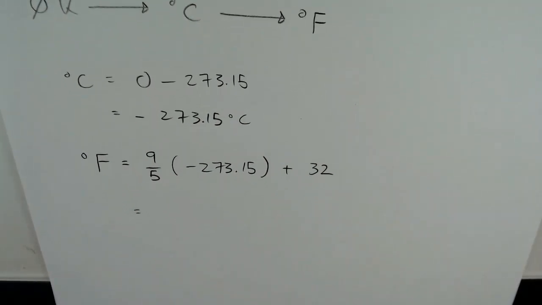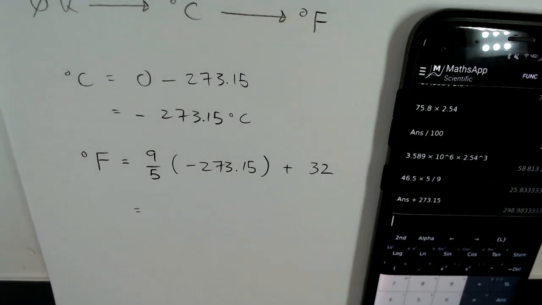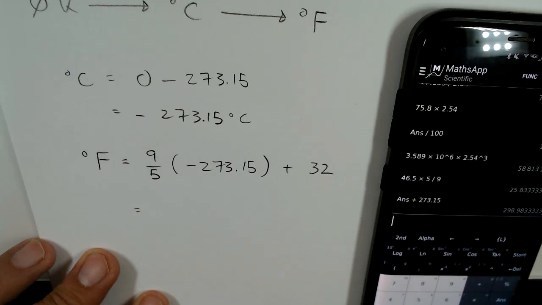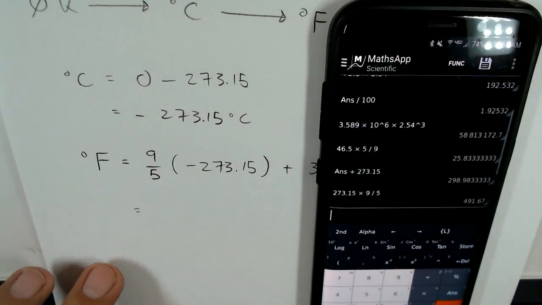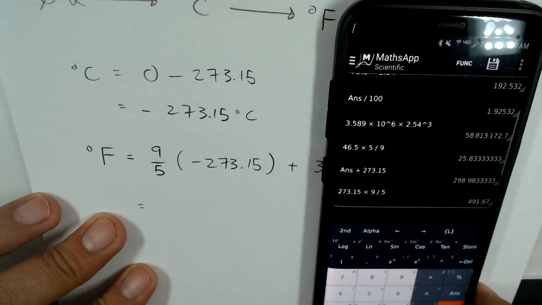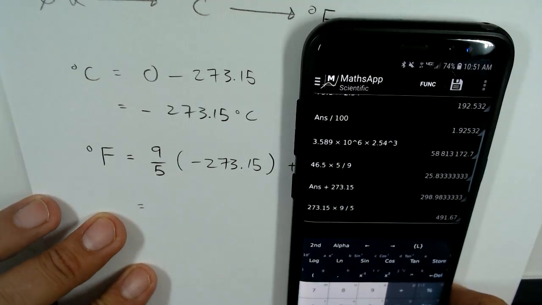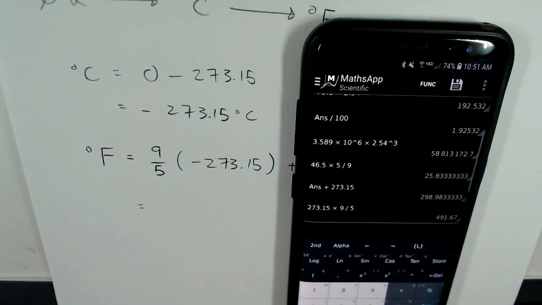All right. So now we break out our trusty calculators. 273.15 times 9/5. All right, so what do we have there? That's 491.67. That number is technically negative.